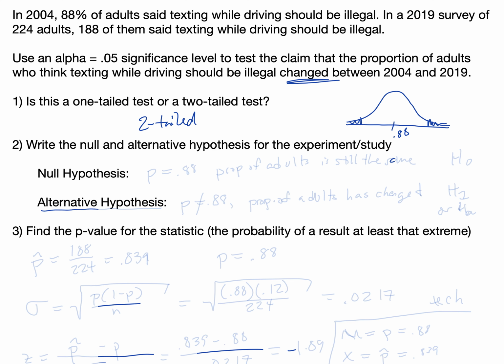So the alternative hypothesis is always the hypothesis we're testing. So here it is that the proportion of adults who think texting while driving should be illegal is no longer 88%, is no longer 0.88.